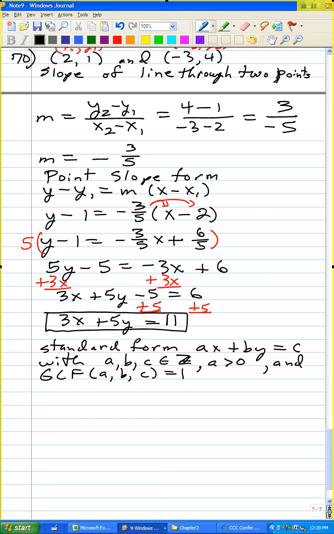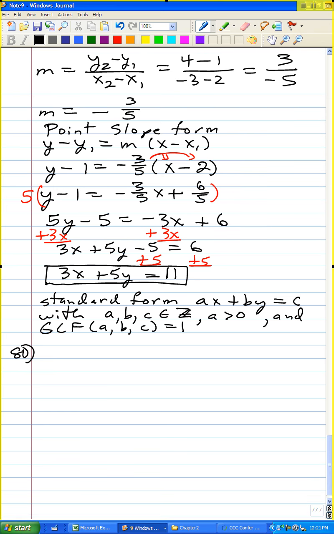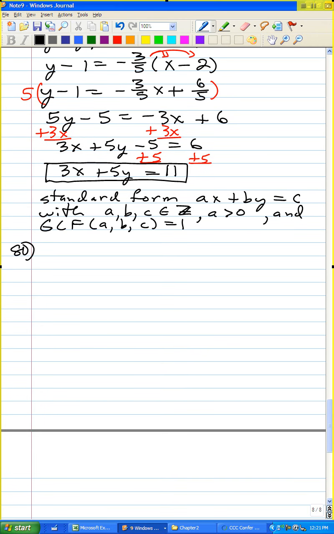Let me do problem number 80. And so suppose I have the points 5/4, 4/5, and 13/4, 9/5.